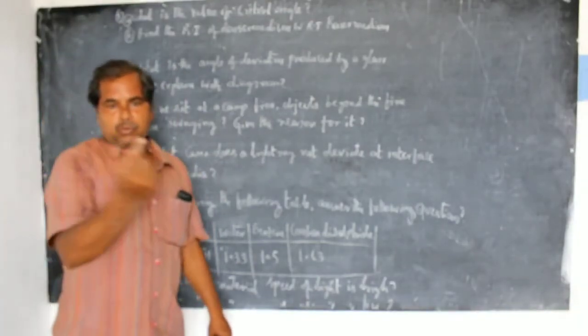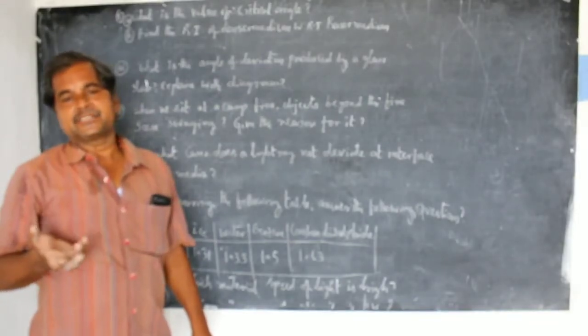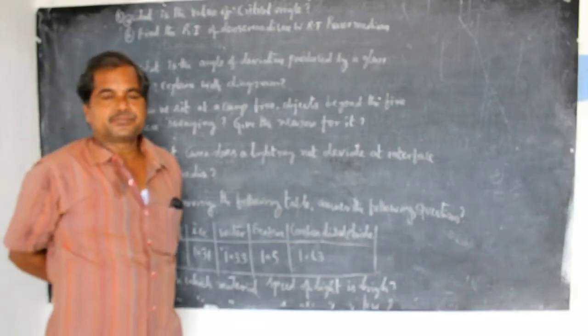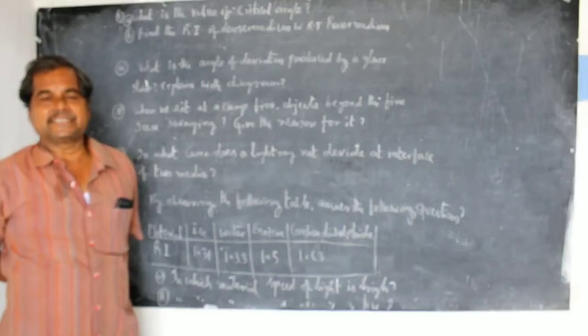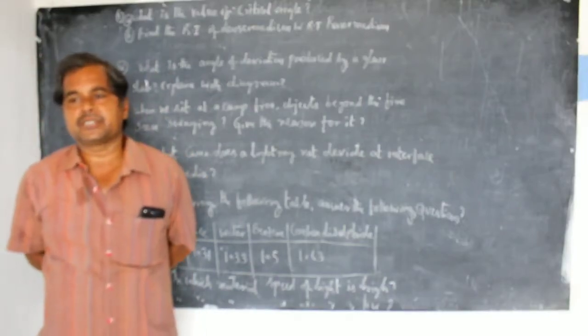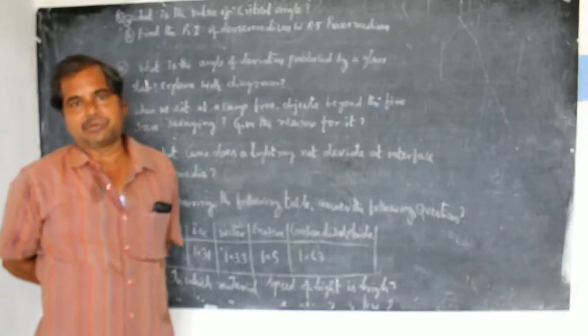Around the campfire, air is present. The heat energy is transferred from the campfire to the air by convection. What happens? The density of the air changes continuously. If the density of the air changes continuously, the refractive index of the air also changes continuously.